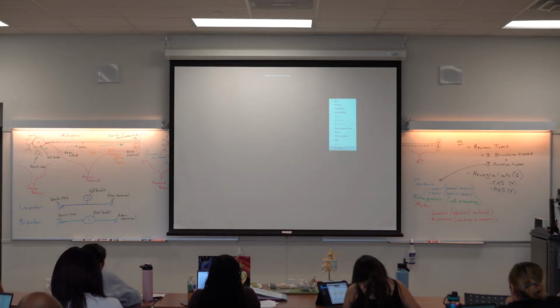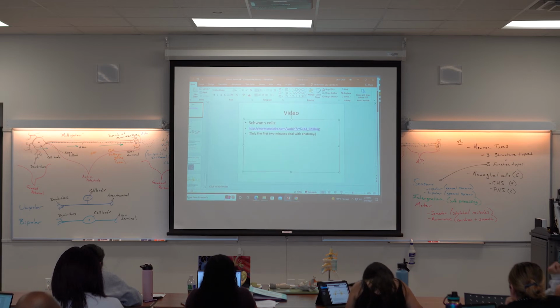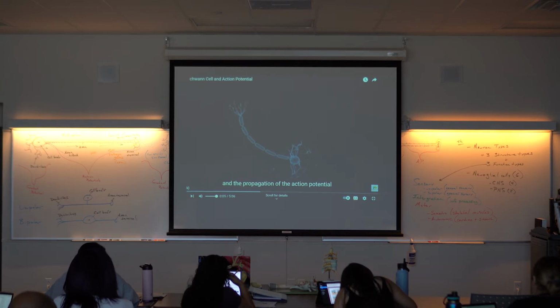All right, let me see if I can get one thing going. It's a multipolar neuron. Okay, so we got that. Second question, can you tell functionally what type of neuron it is?